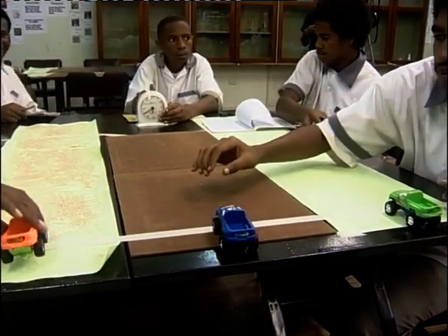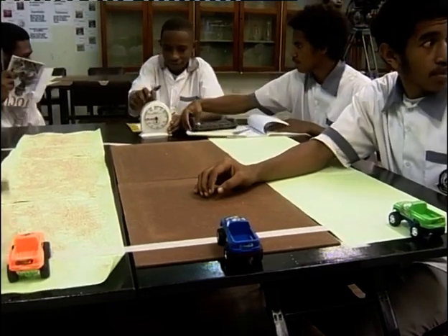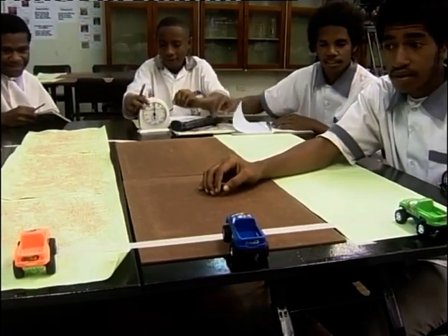Now for the tracks, put car A on the track that has glue stuck on, B on the masonite board, and C on the plain paper, right, on that surface.